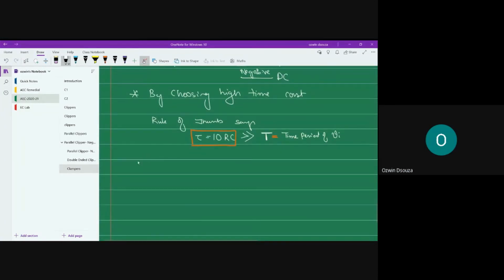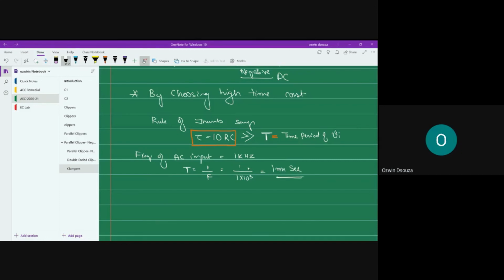So what is the meaning of this? Let's say the frequency of the AC input is equal to 1 kilohertz. So the time period is T equals 1 by f, or 1 by 1 kilohertz, which is equal to 1 millisecond.